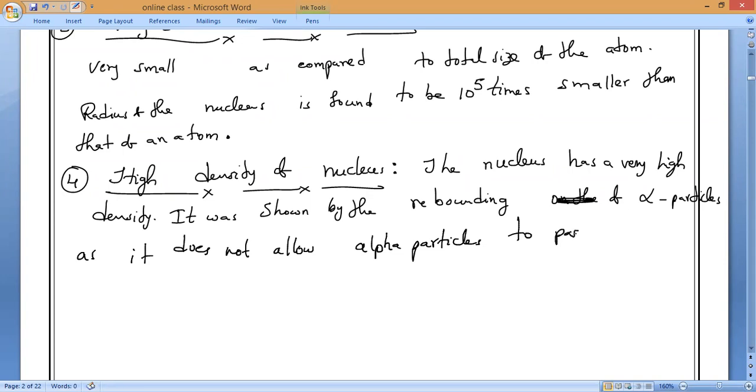Nimish, understand? Danishka? Yes, sir. Pass through it. That is what you have to remember.